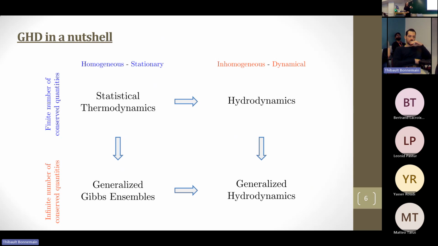You stay homogeneous, but you have an infinite number of conserved quantities, and GHD is at the intersection of those two. Okay? And it features results that are quantitatively and qualitatively different from the usual dynamics.